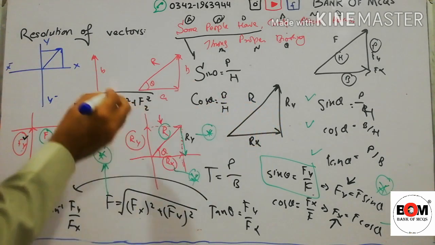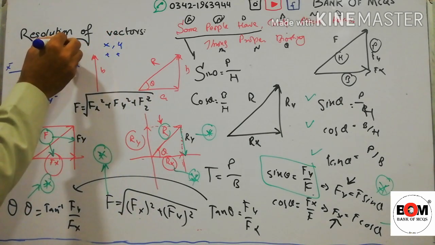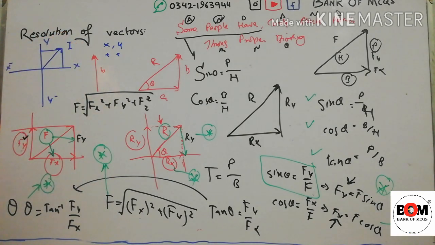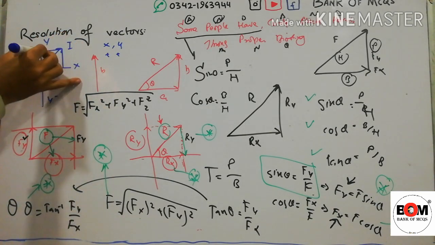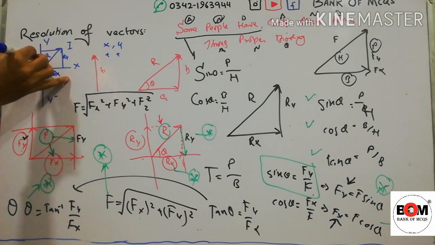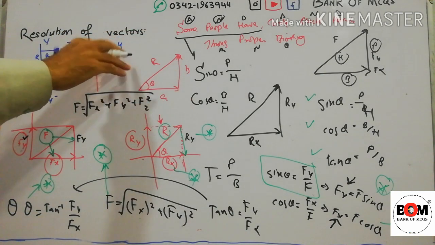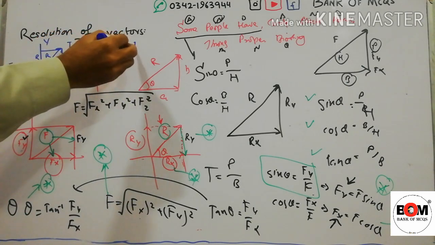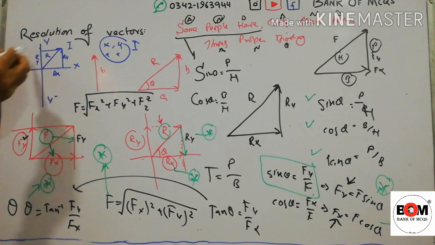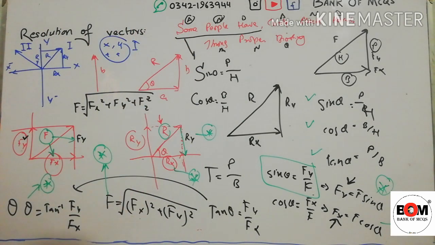So if both x and y components are positive, then the resultant lies in the first quadrant, because in the first quadrant, if this is the given vector, its y and x are positive. So if the given vector's components are both positive, it means that it lies in the first quadrant. Next, if y is positive and x is negative, then it lies in the second quadrant.